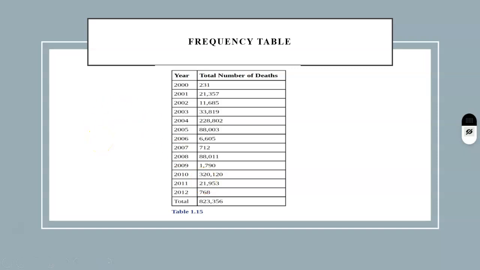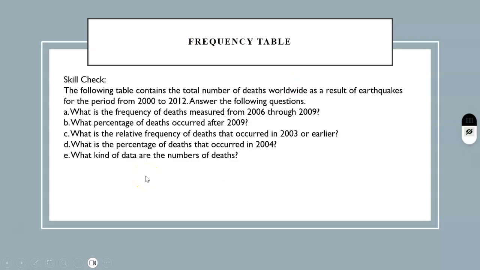That means this is the frequency given, so you will create the relative frequency and the cumulative frequency before answering any of these questions. So I would like all of you to pause this video and create your own and try to answer on your own, and then see if your answer matches with the correct answers or not.